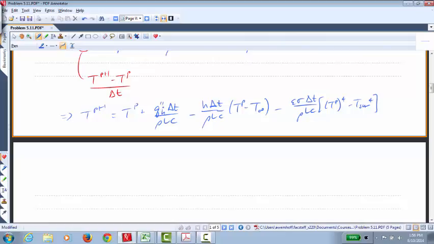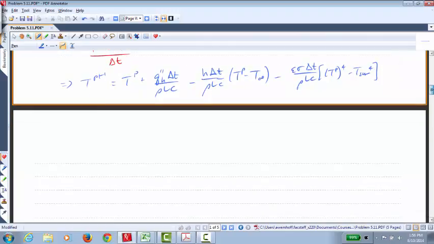However, what we could do is something a little bit more clever that allows us to consolidate terms in a way that makes it easy to evaluate the lumped capacitance approach as well as the explicit time step criterion. As you can see, the problem here is the radiative term, because that's the only nonlinear term in the whole problem. So we can use an old trick. We can convert the radiative term to what is essentially a heat transfer coefficient for radiation.